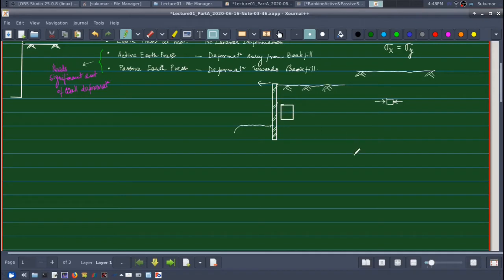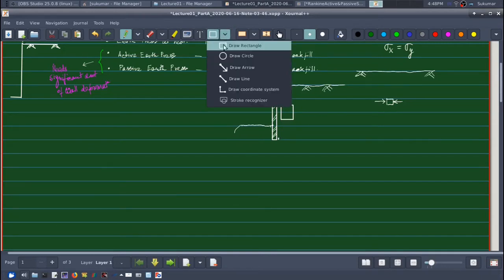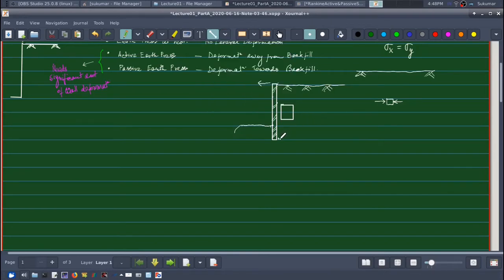after sufficient distance of movement of the retaining wall, some portion of the soil will try to move along with the retaining wall. Suppose this portion of my backfill behaves as a chunk and tries to move away from the backfill.